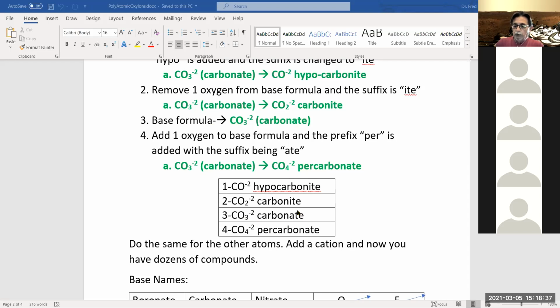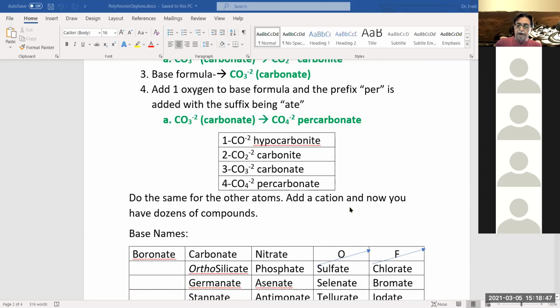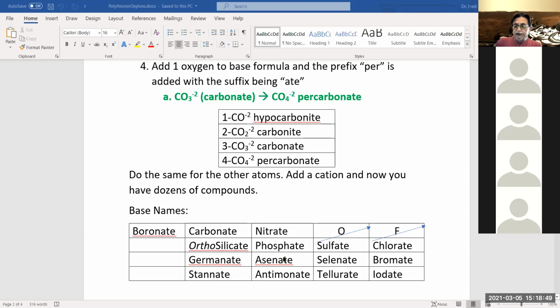Remove 1 oxygen, it becomes carbonite. 2 oxygens becomes hypocarbonite. Adding an oxygen, CO4, gives you percarbonate. And these are the base names there. We got the carbonate, borate, the nitrate, orthosilicate, germanate, stannate, etc. Those are for the elements there.